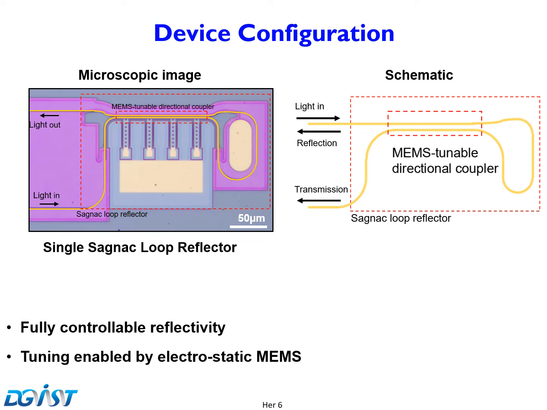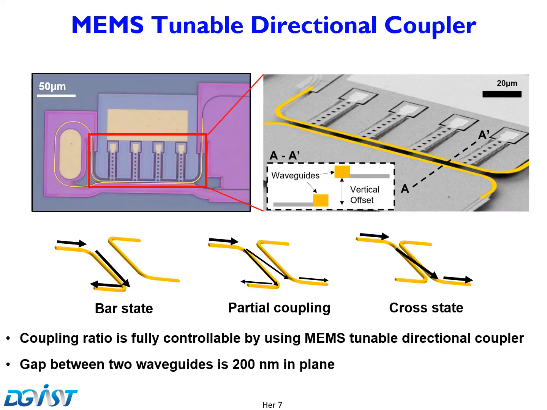The left figure shows a microscopic image of the Sagnac loop reflector. Our Sagnac loop reflector consists of a MEMS tunable directional coupler instead of a 3dB coupler. The coupling ratio can be controlled using this coupler. The figure shows the microscopic image of the MEMS tunable coupler, and the right figure shows the SEM image.